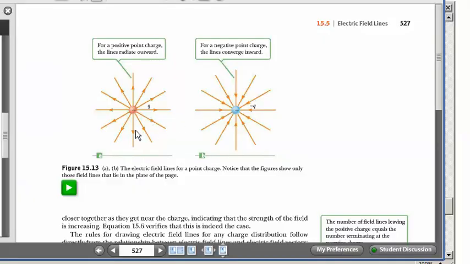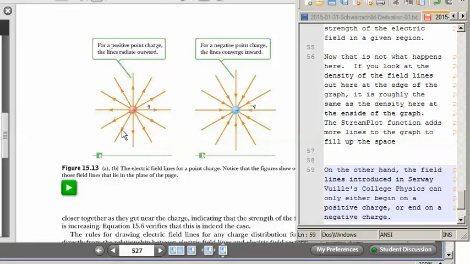On the other hand, the field lines introduced in Sir Wave Wheel's College Physics can only either begin on a positive charge or end on a negative charge.